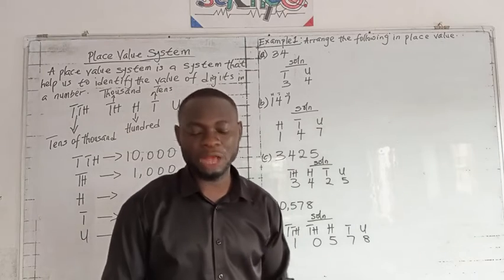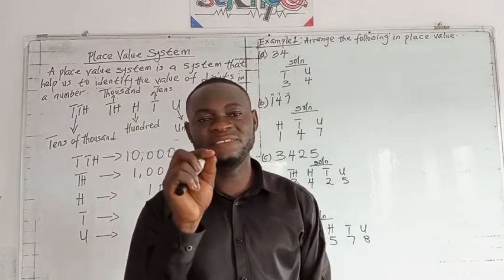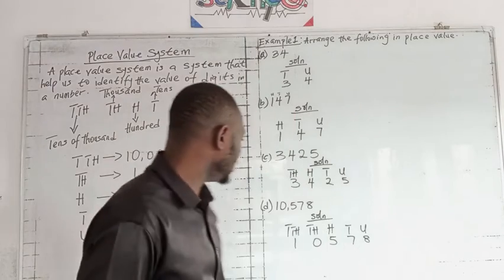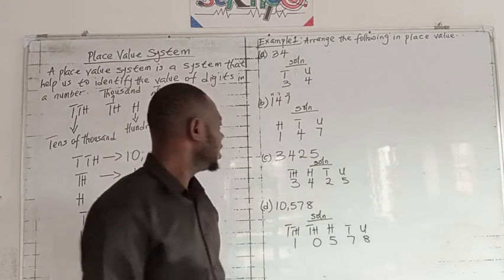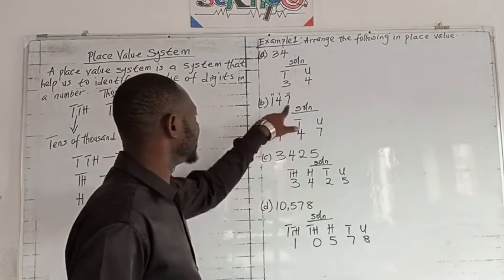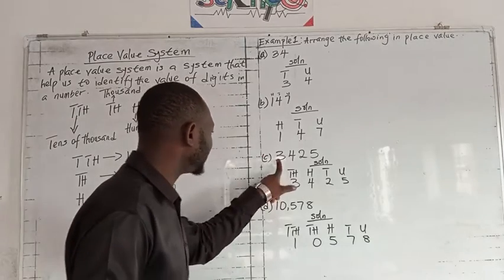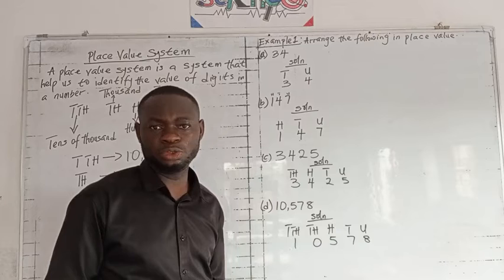Now, the next thing we are going to look at is how do we identify the value of a digit in a number? How do we identify the value of 5 in 10,578? How do we identify the value of 7 in 147? How do we identify the value of 3 in 3,425? That's the next thing to do.